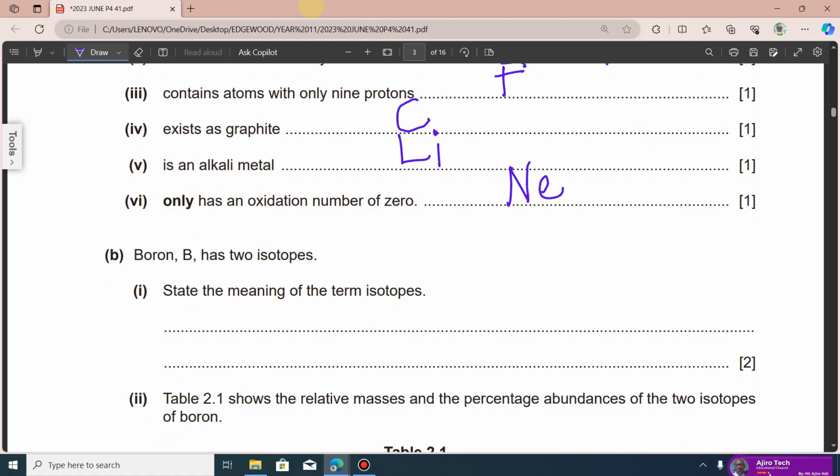Boron has 2 isotopes. So state the meaning of the term isotopes.